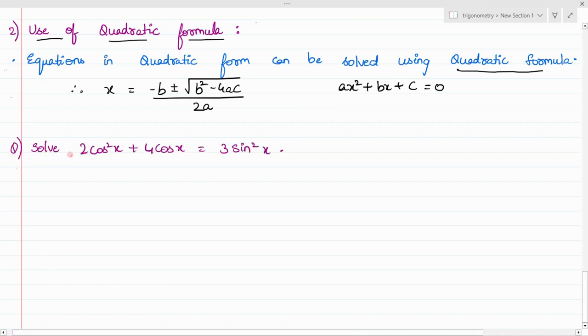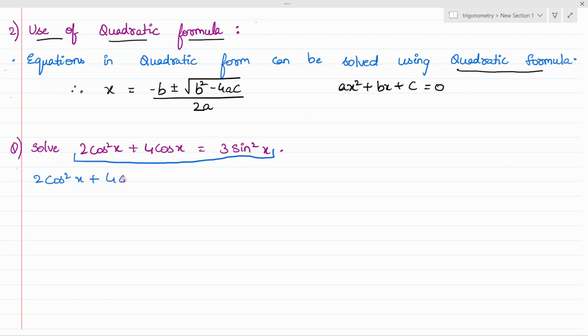So here is an example in which we need to solve this equation. Solve in the sense we need to find the general solution of this. So let's do this. First convert this sine in terms of cos. So we can write 2 cos square x plus 4 cos x minus 3 sine square x, which is nothing but 1 minus cos square x, is equal to 0.